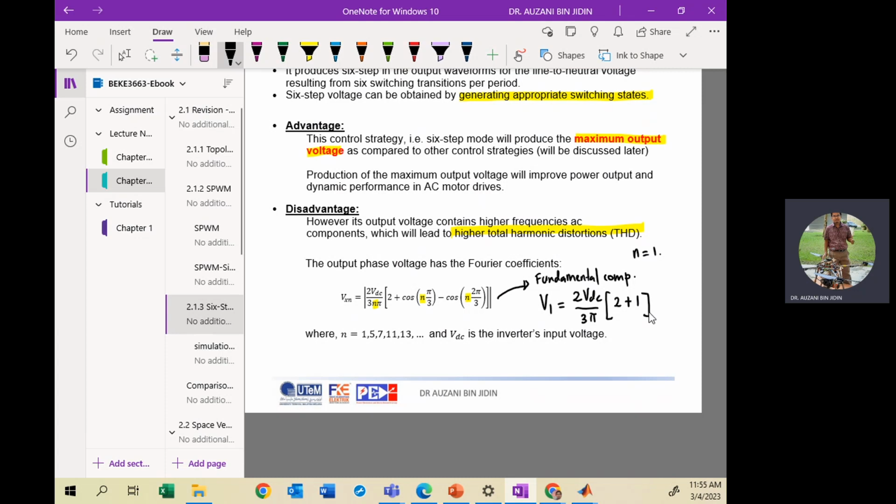Then you minus cos 120 degrees, right? Clear? So then you can calculate V1 as 2 VDC divided by pi. Clear? 2 VDC divided by pi.